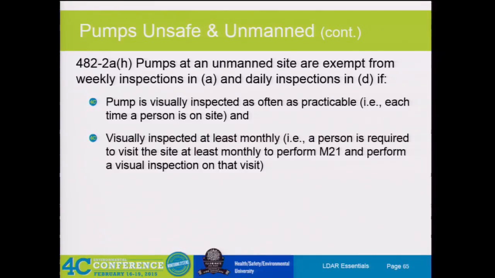So you can get away with not doing it weekly, but you have to do it monthly. And you better make sure you don't have somebody there weekly. Yeah, then it's not unmanned. It would be a manned site more or less. Plus, if they're there weekly, per the rule, you have to have a weekly inspection, or an inspection done every time they're there.